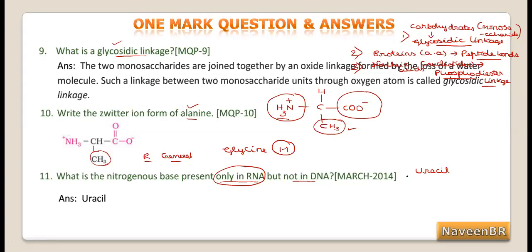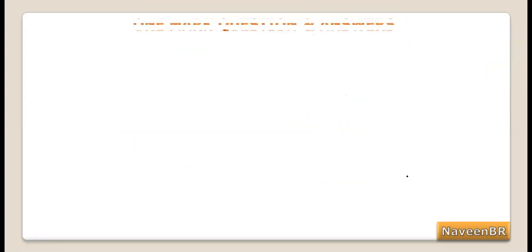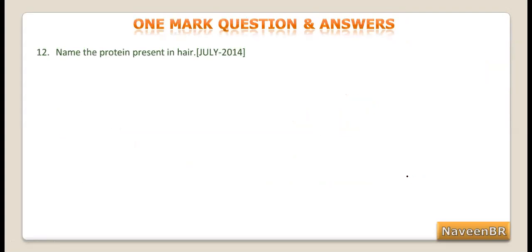Now we'll move on to the next question, from the supplementary examination of 2014. Name the protein present in hair. We learned the two classifications of proteins, fibrous protein and globular protein. Hope you remember that.